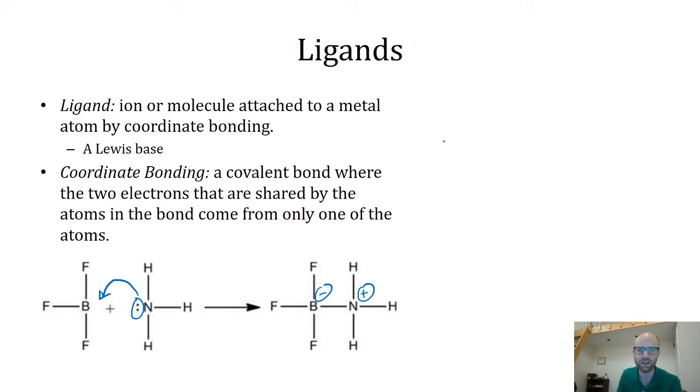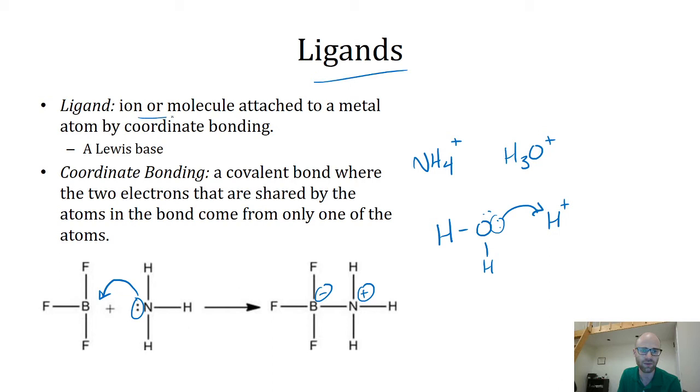But coordinate covalent bonding does show up a lot in these acid-base processes, and we've also seen it in ammonium ions and hydronium ions. Keep in mind that these are substances that were picking up an H plus ion where this lone pair gets donated in. And these ligands show up too. We said molecules that attach to a metal.